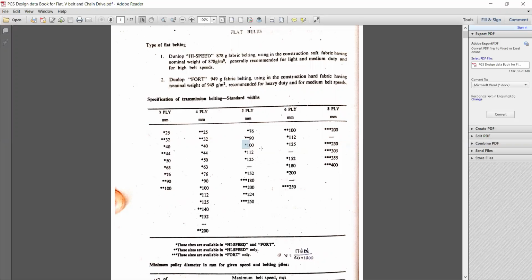So as we compared the calculated values for number of plies 3, 4, 5, 6, the better choice is number of plies equal to 5 and the width equal to 100.